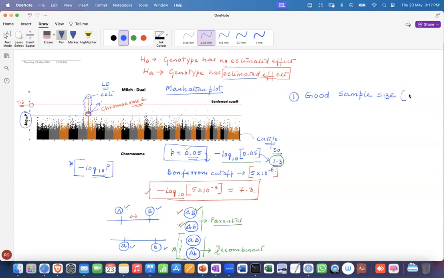Ideally it should be greater than 100. However, preferably it should be greater than 300.